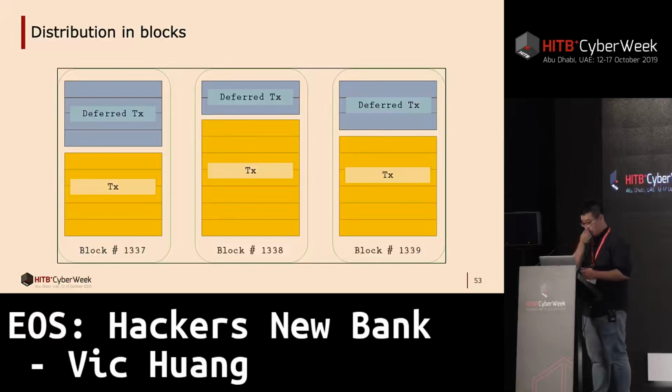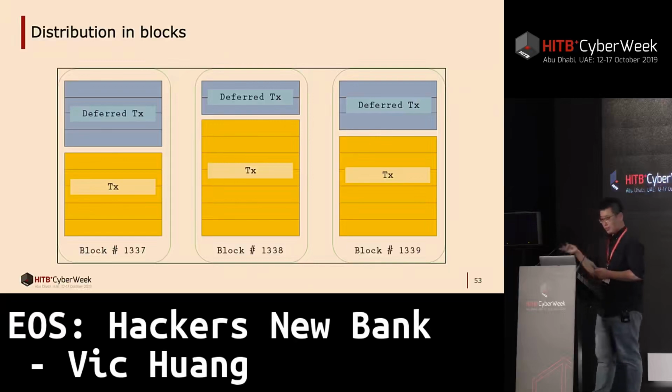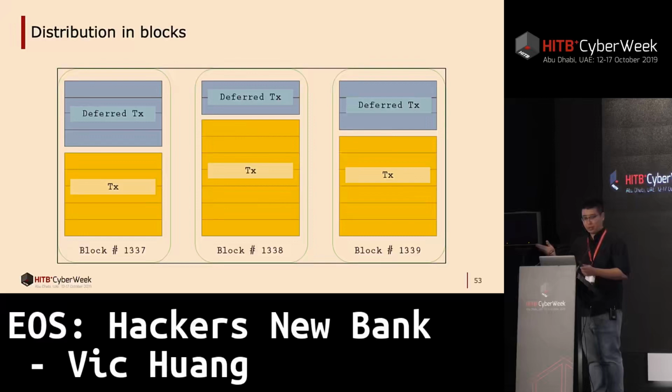This is the usual distribution in the blocks. You can see there are some deferred transactions, and the orange ones are the inline transactions.